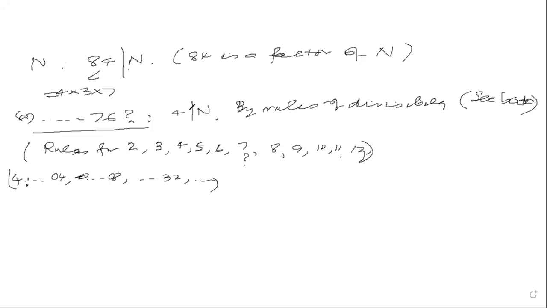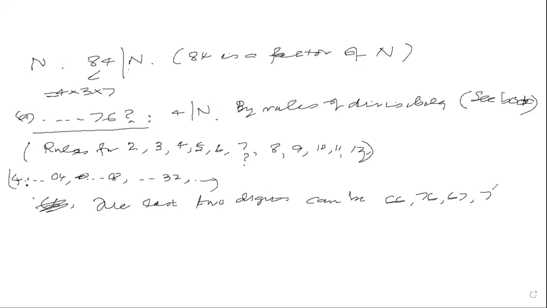Okay, so in particular now, you want the last 2 digits to end in a multiple of 4. Now you've got only 6s and 7s. The last 2 digits can be, okay, you can have only 6s and 7s. So you could have 66, 76, 67, or 77.